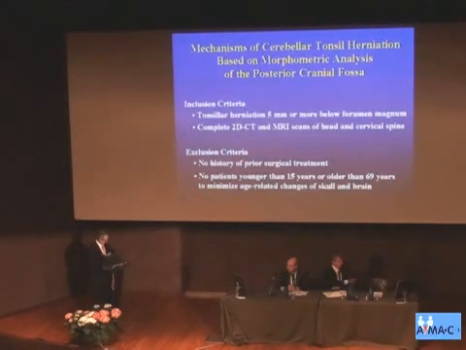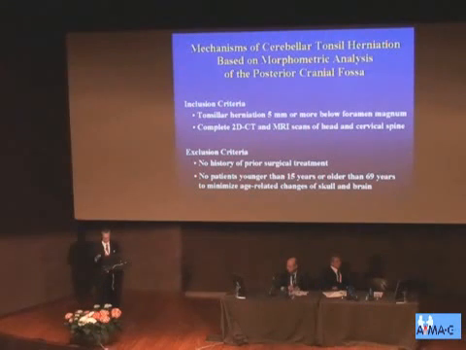What I want to really just focus on for the remaining part of this presentation, and it won't be too long, is not so much reclassification of Chiari, but a better understanding of the different mechanisms of cerebellar tonsil herniation, which today wind up being called Chiari.